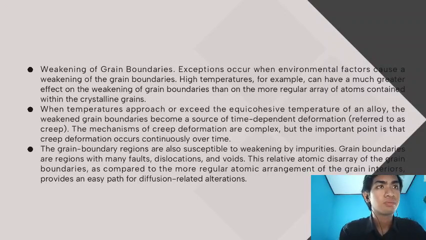When the temperature approaches or exceeds the equicohesive temperature of an alloy, the weakened grain boundaries become a source of time-dependent deformation. The mechanisms of deformation are complex, but the important point is that creep deformation occurs continuously over time.